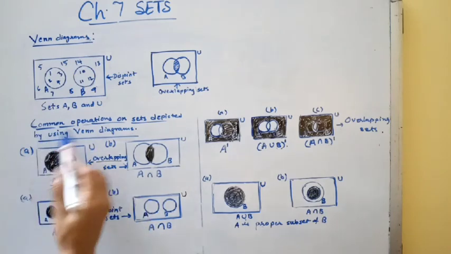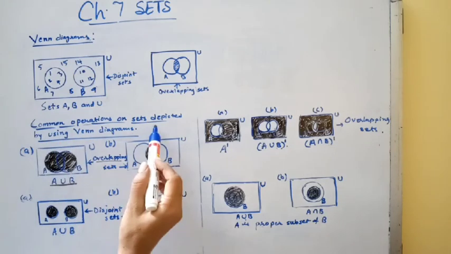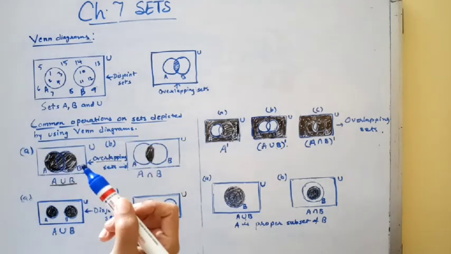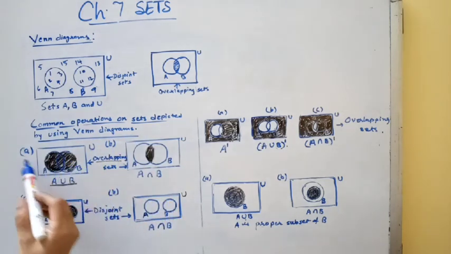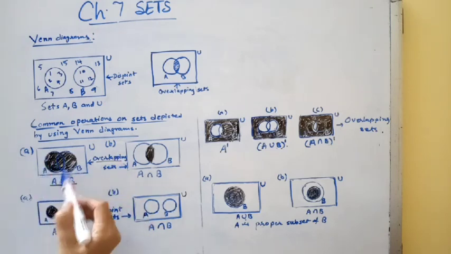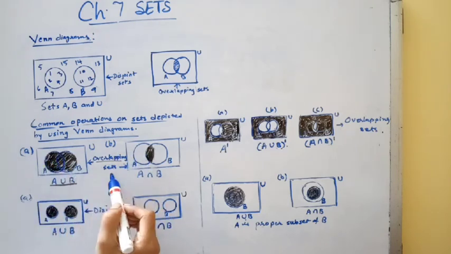The following are some common operations on sets depicted by using Venn diagrams. Figures A and B show two overlapping sets.